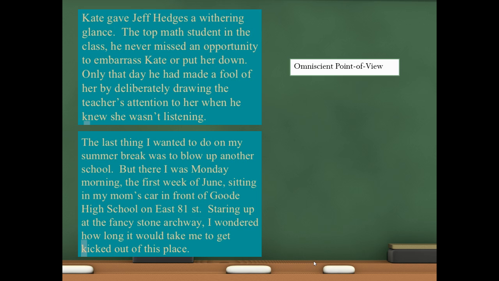We're also given some insight about Jeff Hedges. He's the top math student in the class. He never missed an opportunity to embarrass Kate or put her down. I think that's probably omniscient point of view.